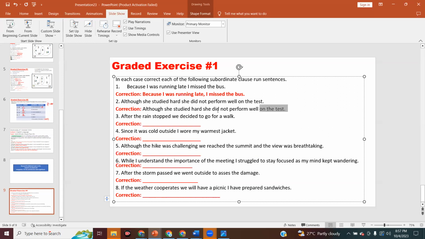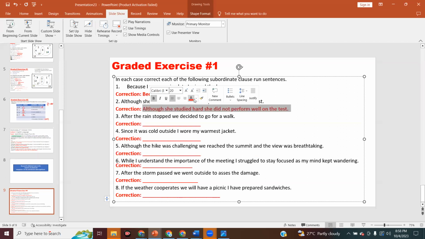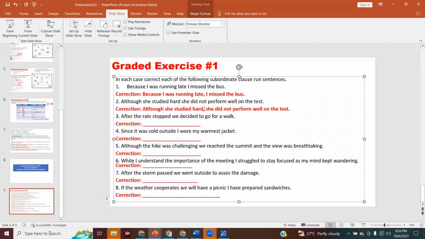That could work. Okay, although she studied hard, she did not perform well on the test. Where we gonna put the comma? Although she studied hard, comma, she did not perform well on the test. How many persons have that? Very good.